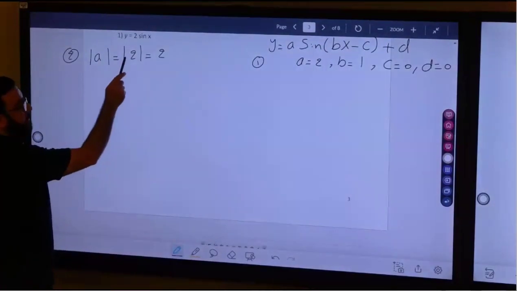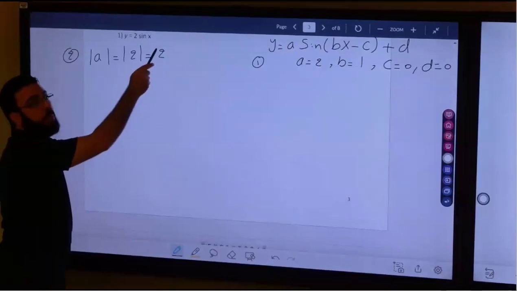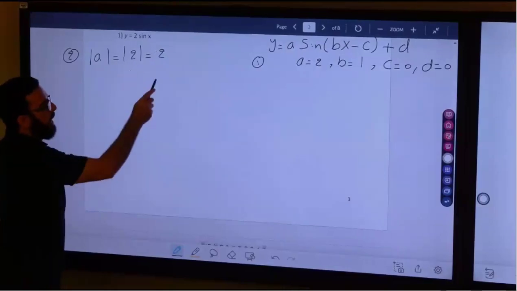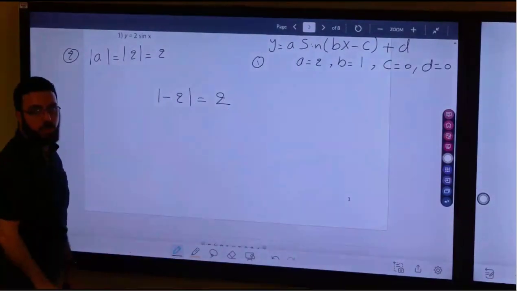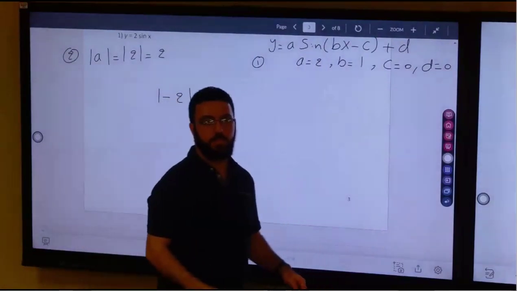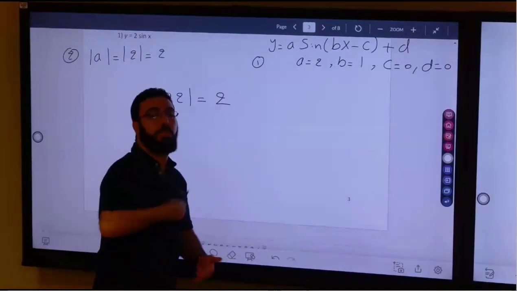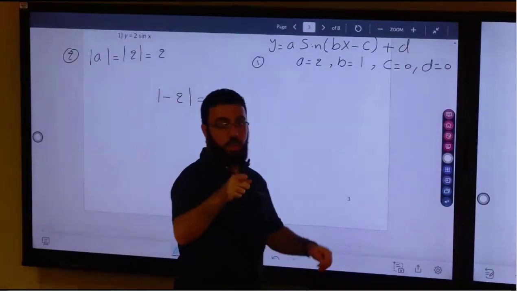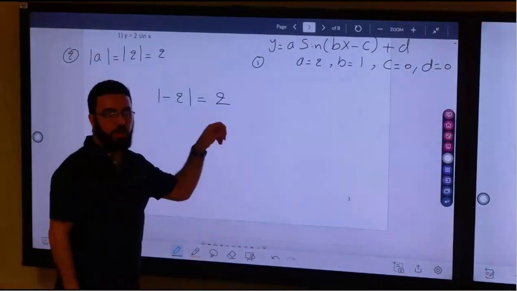If it's negative 2 between the absolute value bars, the result is positive 2. Yeah, they consider it a positive number. But when you graph, you have to make sure it's a positive number.